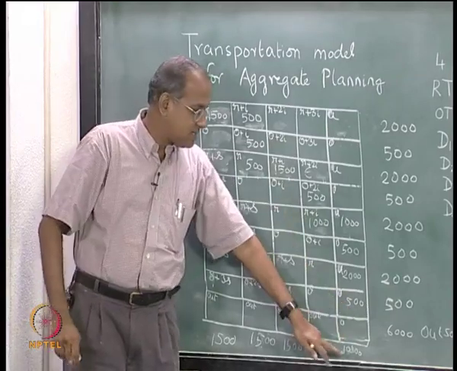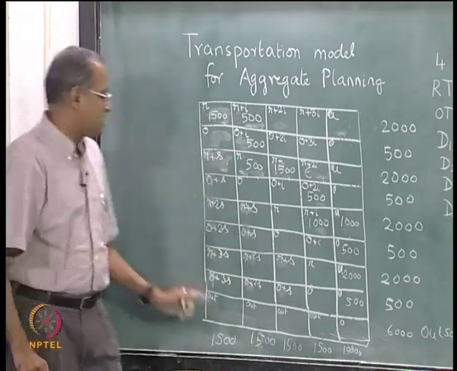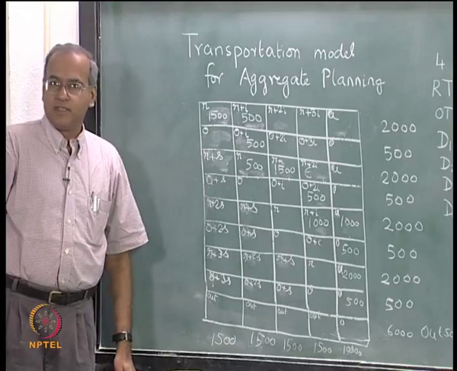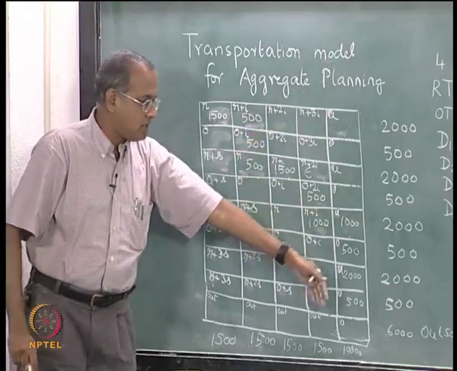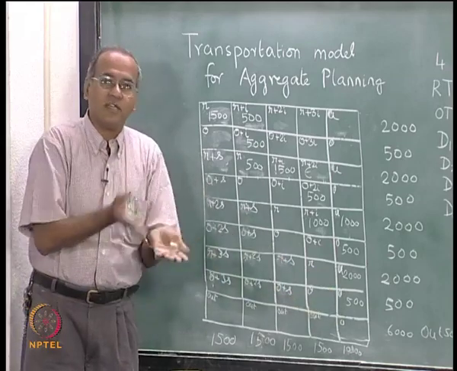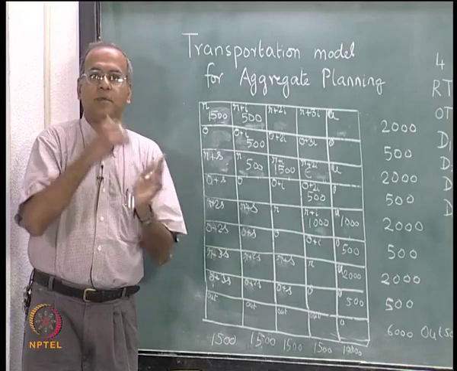If we did not consider the outsourcing and underutilization, we considered only this and solved a transportation problem that involved 25 rows, 12 columns and a dummy, then the solution that we would have got would be exactly the same solution that the LP optimum gave.